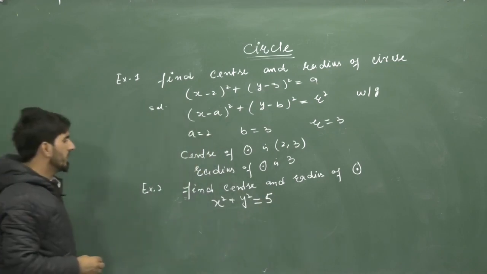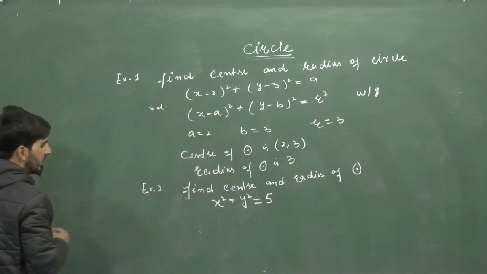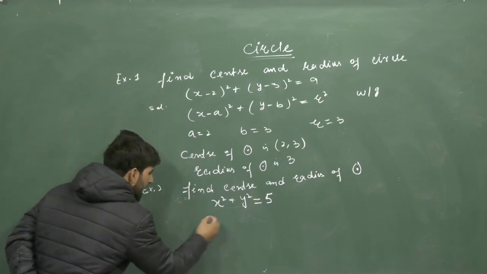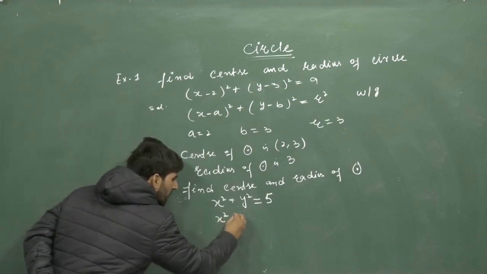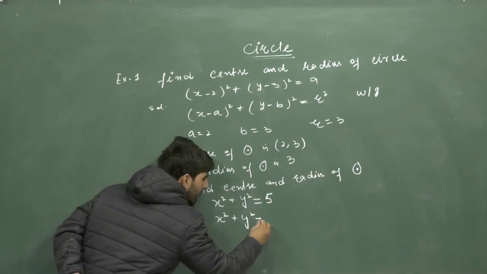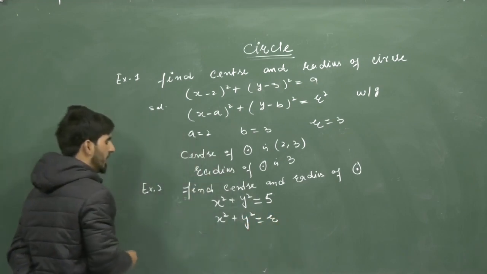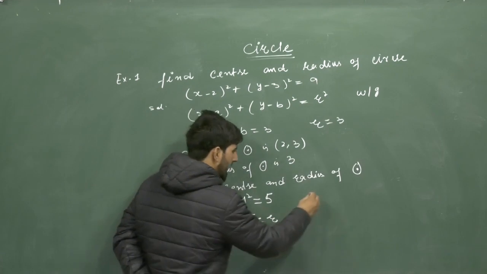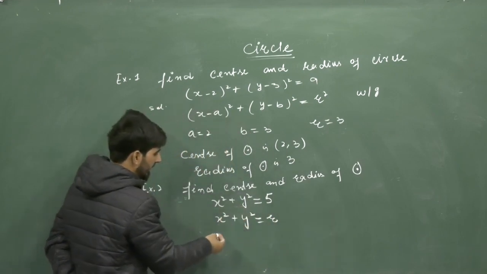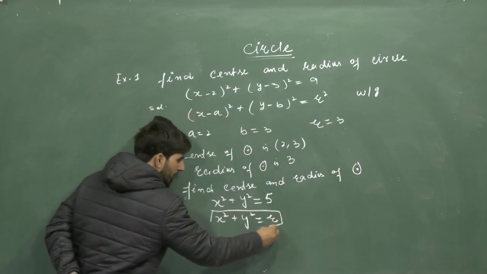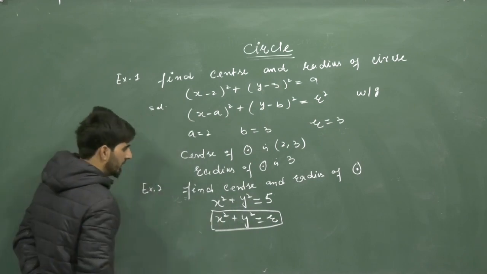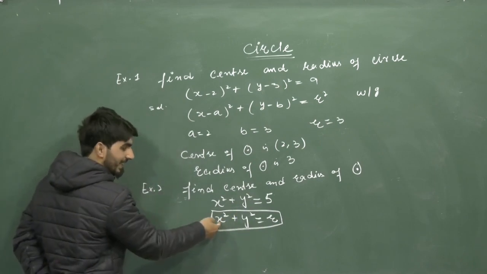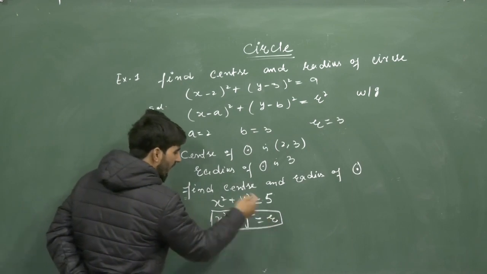On comparing this equation with the particular case, x square plus y square is equal to r square, we get the center; as we know that this is the particular case of circle, this is the equation of circle with center at origin and radius r.